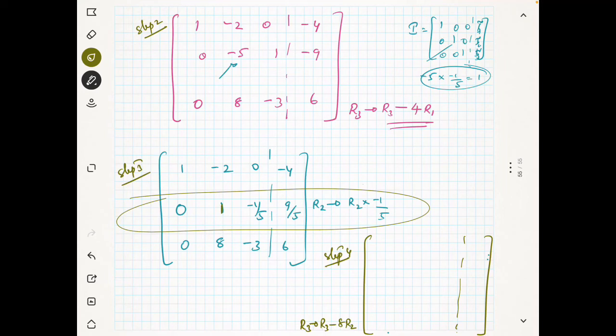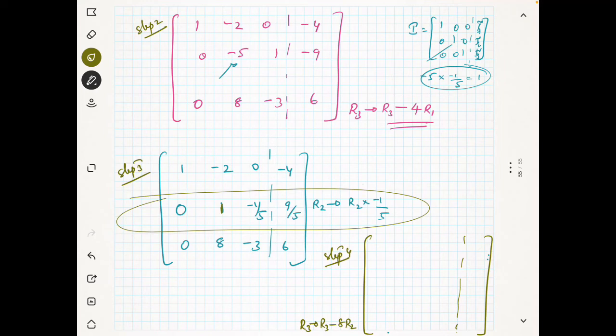You see here this is 1. So, if I multiply this 1 with 8 and I subtract from my row 3, row 3 minus 8 times R2, what will change? The row 3 will be changing. So how will it be changing?